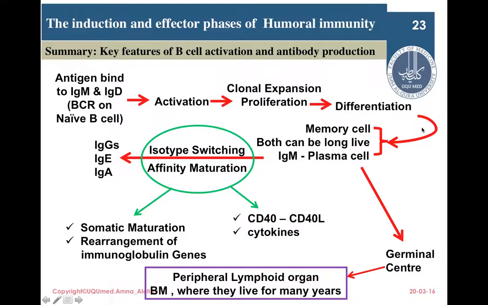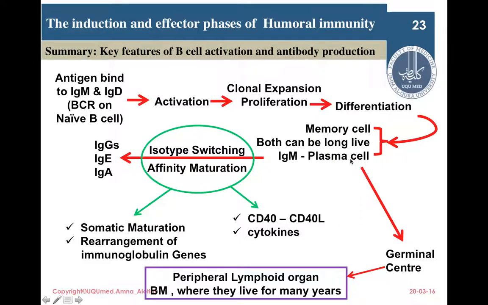They differentiate into different types of cells: the memory cells, the long-lived plasma cells, during which they go through isotype switching, affinity maturation that result in different immunoglobulin formations, and this process is very much dependent on CD40 and CD40 ligand interaction, and the cytokines that are produced determine which type of immunoglobulins will be produced, and the somatic maturation or rearrangement of immunoglobulin genes will tell you how strong or how perfect the binding is going to be between the antigen and the receptors.